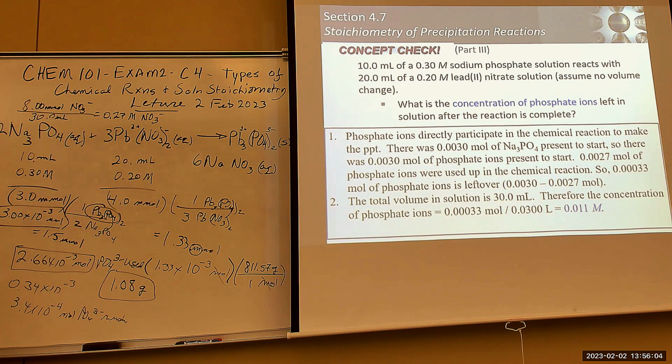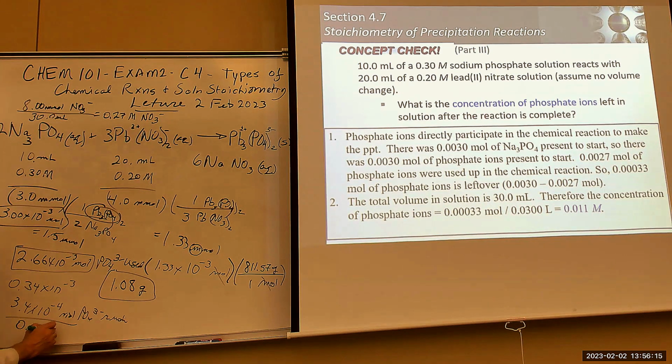Divided by that same volume. Now I'm in moles, so I have to change that to liters, which is 0.030 liters. Divide that into 3.4 times 10 to the minus 4, and I get 1.1 times 10 to the minus 2.